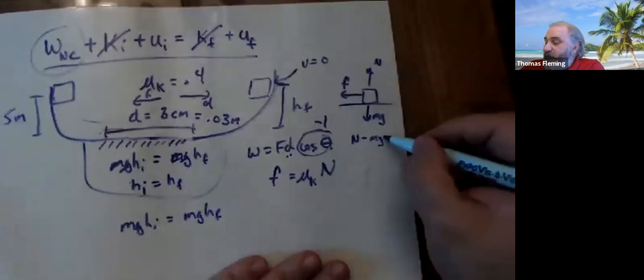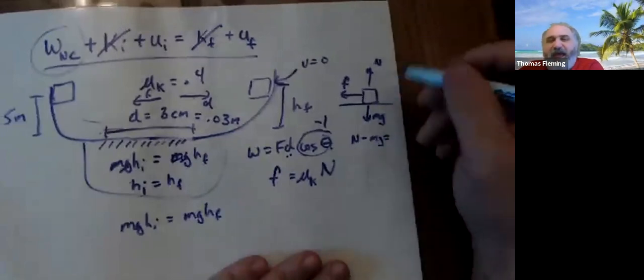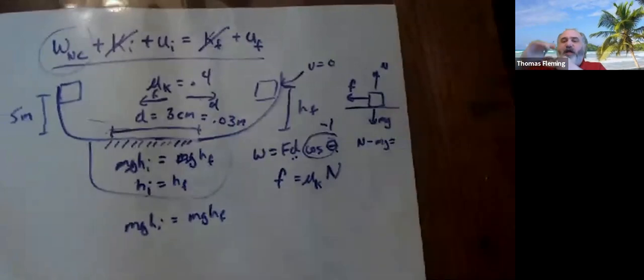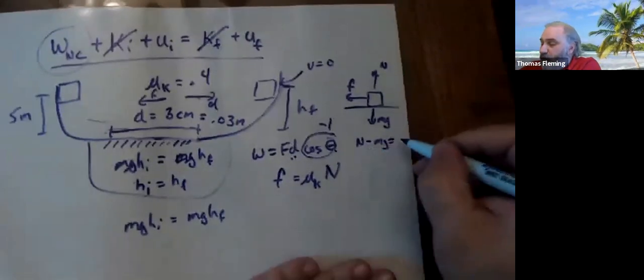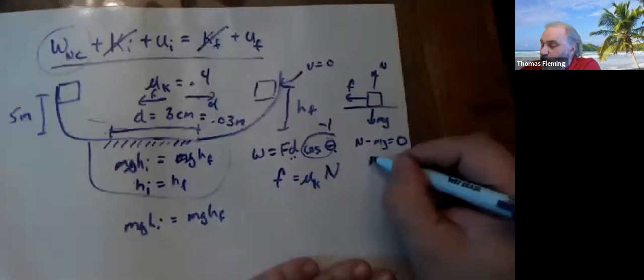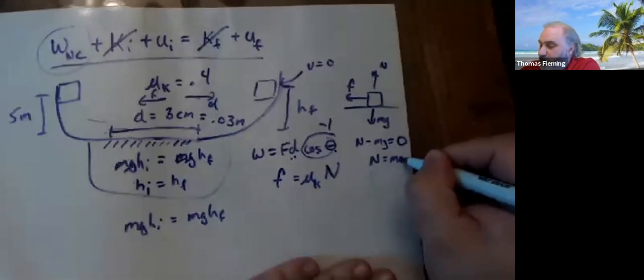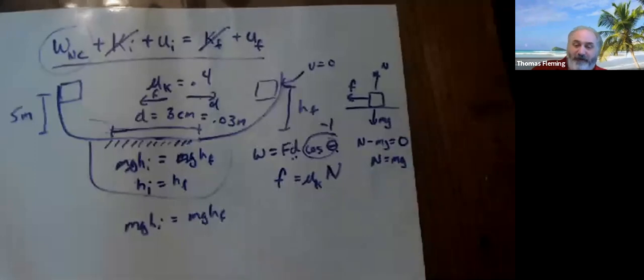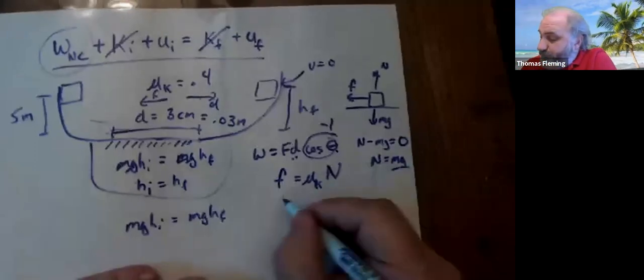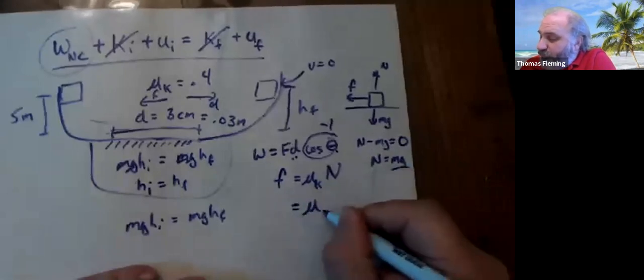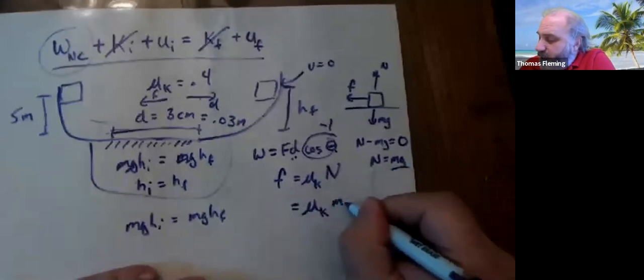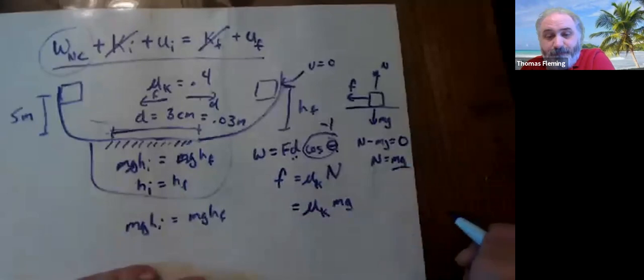And in the up and down direction, the acceleration has to be 0 because it's not going to fly off the floor or sink into the floor. So N minus mg equals 0, which implies the normal force has to push up just as hard as gravity pulls down. So heck, now we know the normal force. So the force of friction is going to be mu k times mg.